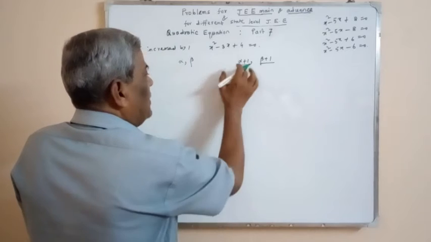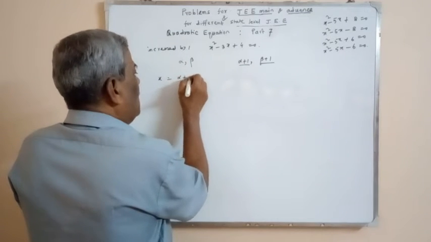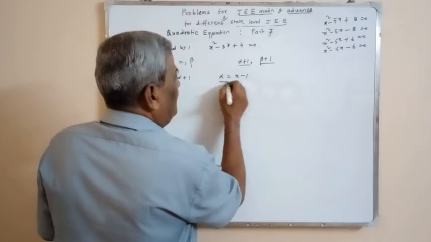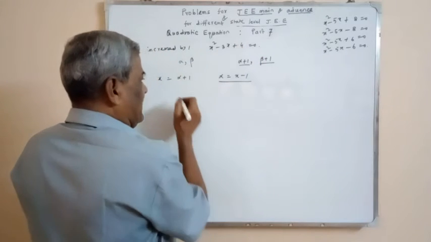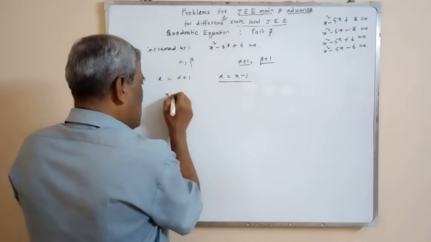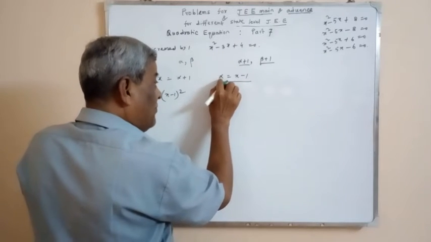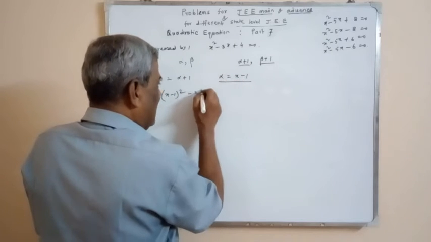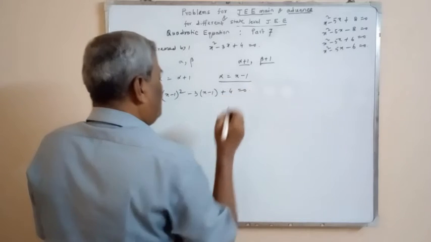So suppose x is equal to alpha plus 1. So alpha is equal to x minus 1. But alpha is the root of that, so it must satisfy it. So x minus 1 whole square, that is alpha square, minus 3 into alpha, that is x minus 1, plus 4 is equal to 0.